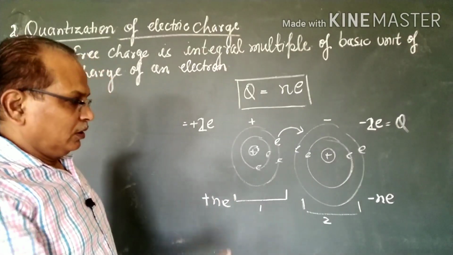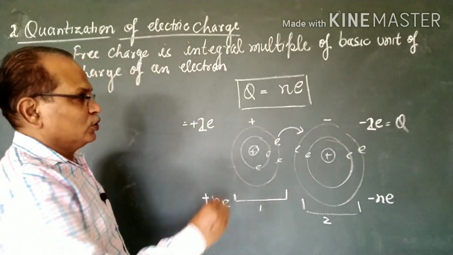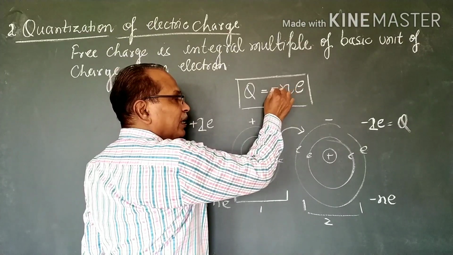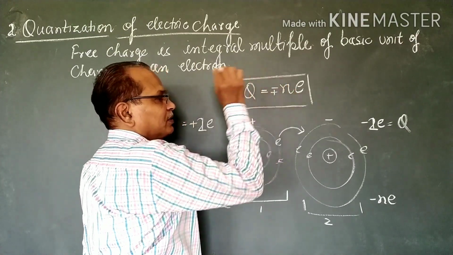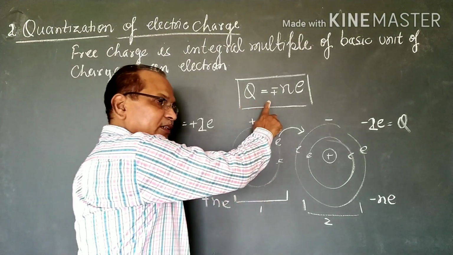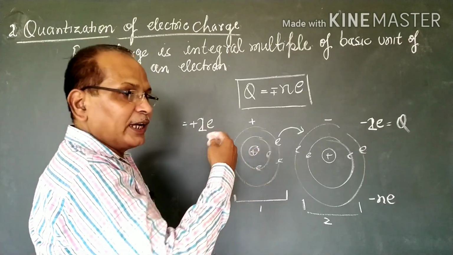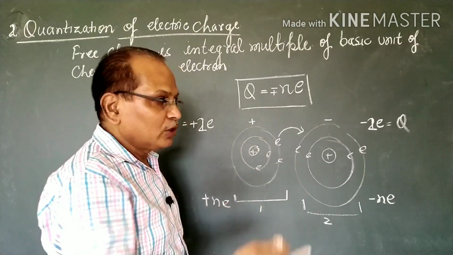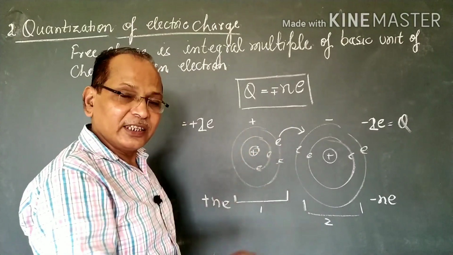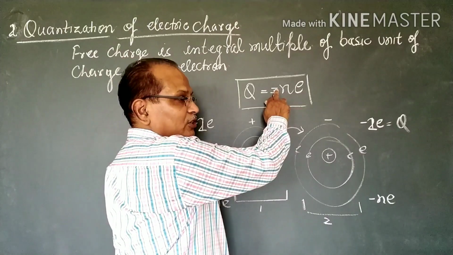So it may be minus n e or plus n e. Both are there as per the conditions. If an atom is losing electrons, you will have positive charge. If an atom is gaining electrons, you will have negative charge.